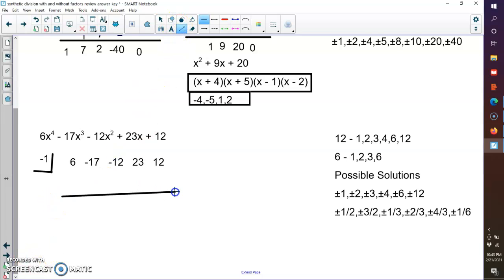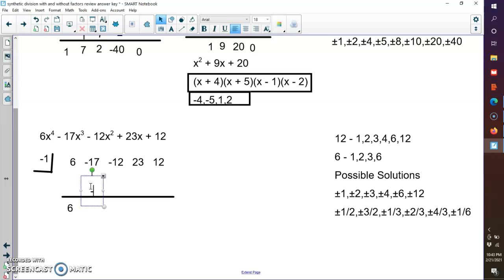All right, I'm going to drop the 6. And 6 times -1 is -6. And we're at -23. -23 times -1 is 23. 23 and -12 is 11. 11 times -1 is -11. -11 and 23 is 12.